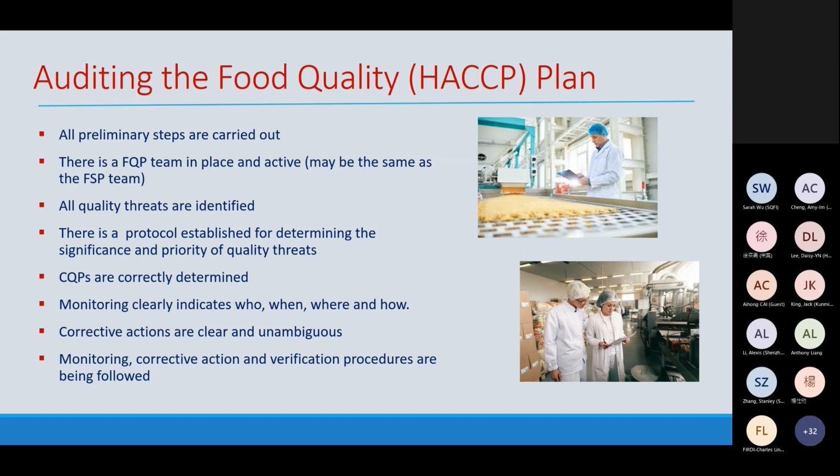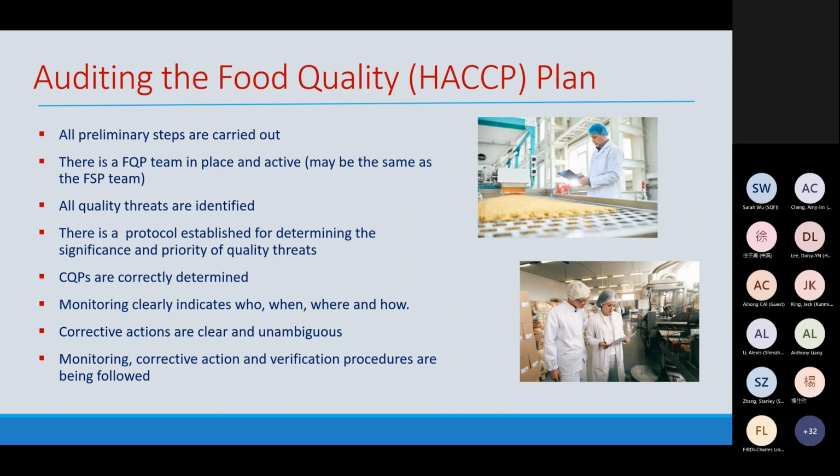And is it controlled using the HACCP method? There's a protocol in place. There's a procedure in place for determining the significance and priority of quality threats. Critical quality points are correctly determined and again may overlap, may be the same as critical control points. That's fine, but make sure the critical limits there are properly identified and sufficient to control the food safety and the quality at that process step.